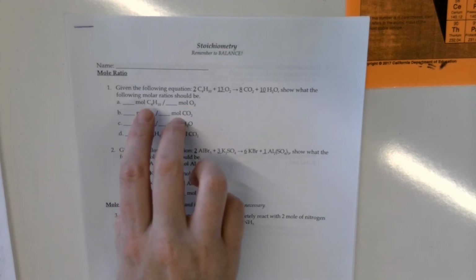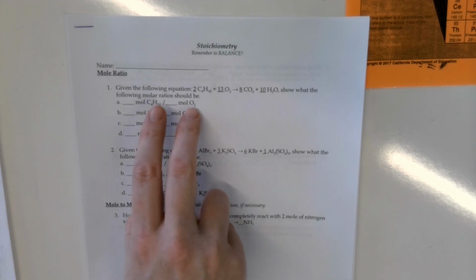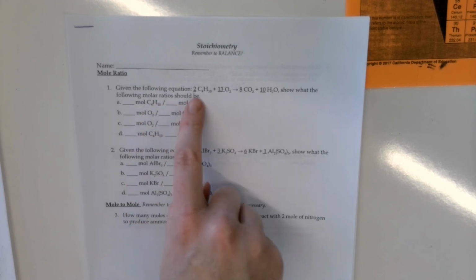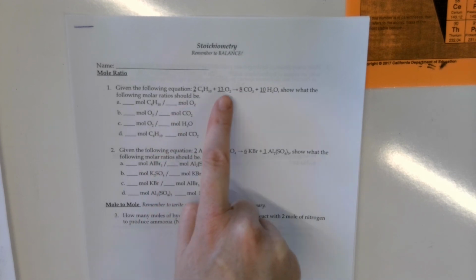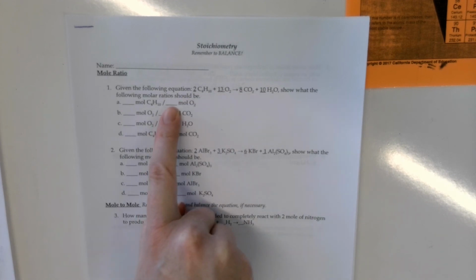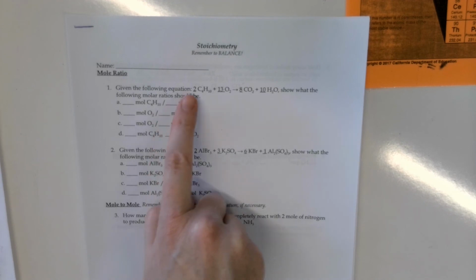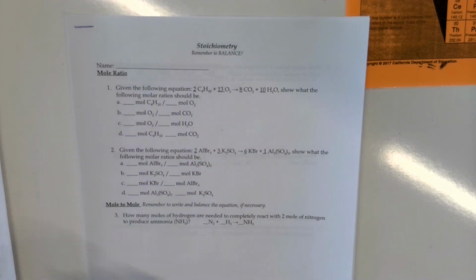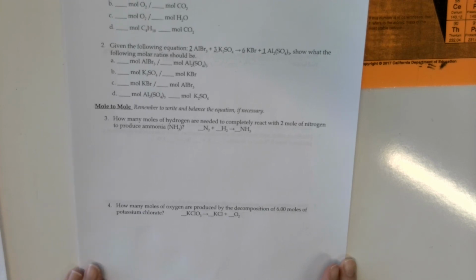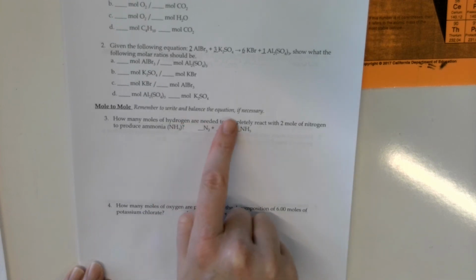So how many of this do you have for every oxygen molecule? So you're just going to look up the number. So it would be 2, and for oxygen, 13. And no need to reduce these. So just find the numbers from the balanced equation, and you're going to plug them in on numbers 1 and 2.